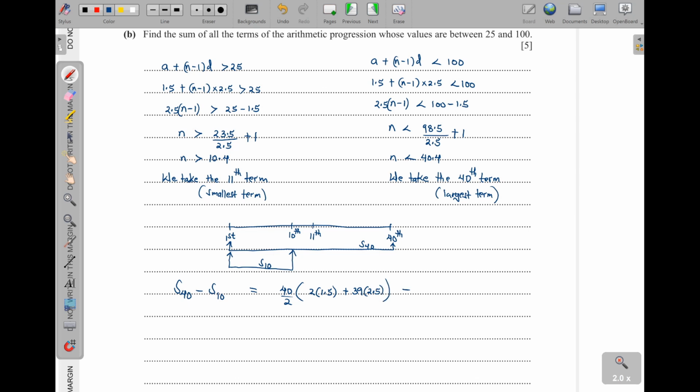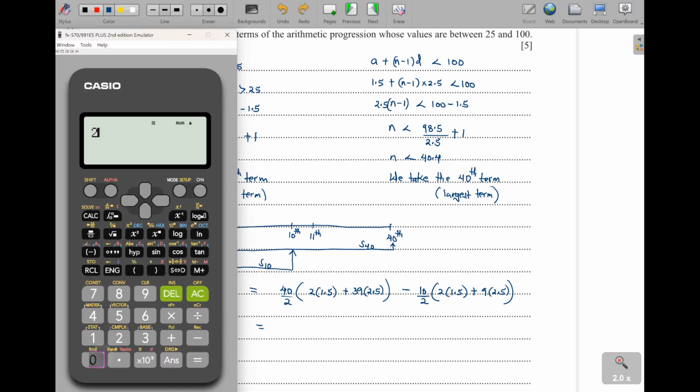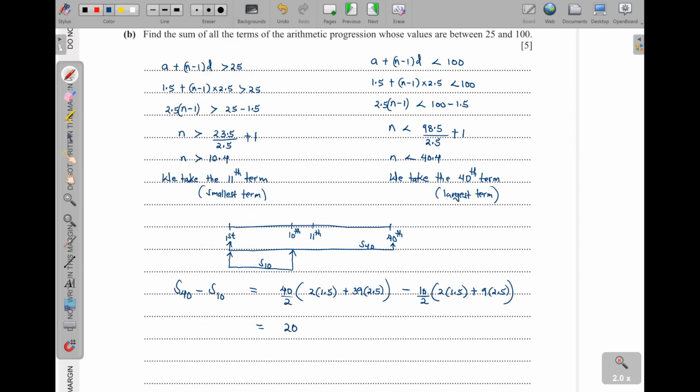Then we subtract 10 over 2 into 2 times 1.5, then plus 9 into 2.5. Now what do we get here? 40 over 2, that is 20, 2 times 1.5, that is 3, then plus 39 times 2.5. Then this one gives us 2010.